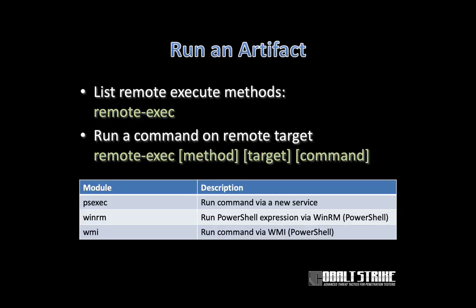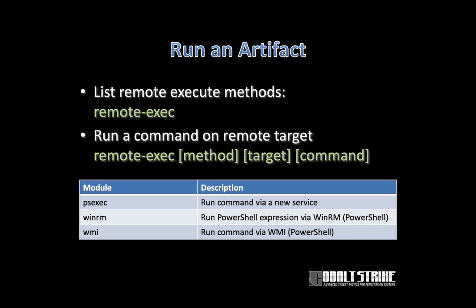How do you run an artifact? Well, in the past, I would have told you to take advantage of one of the commands built into Windows and use those. You can still do that, but I also recommend you take a look at remote-exec. Remote-exec is a command in Beacon to run a command on a remote target with a method.